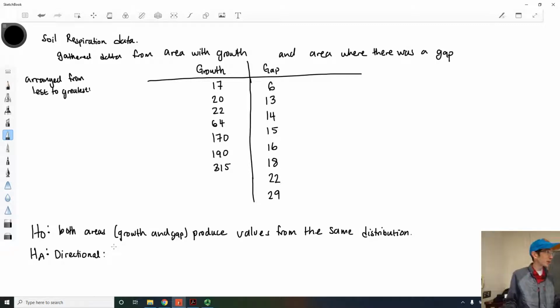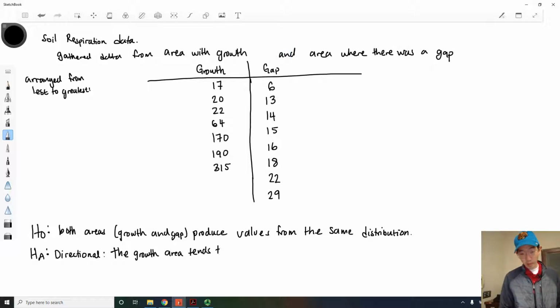So the directional alternative will be something like: the growth area tends to produce larger values than the gap area does.